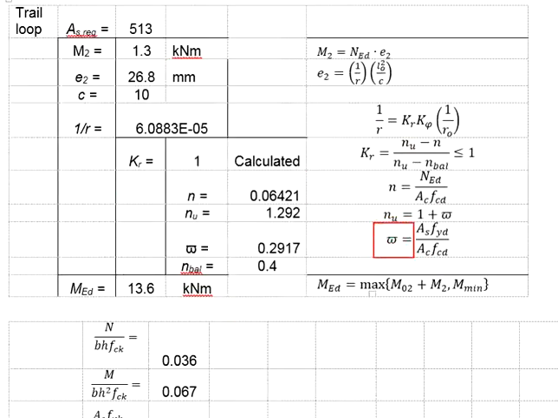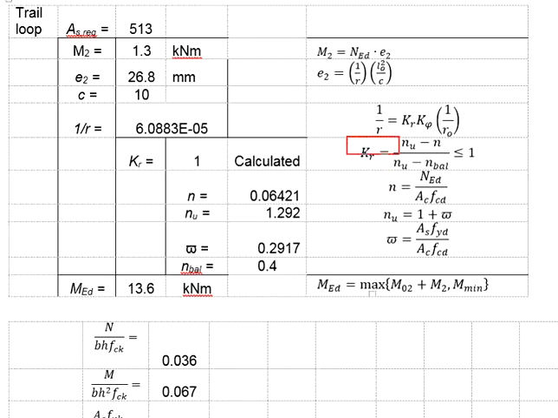You get the omega, use the omega to calculate the NU, and then you calculate the N. NED, 49.12 kN, divided by the area of the column, 150 times 300, times FCD, 17. Now you have N, NU, and the N balance we assume it is equal to 0.4.